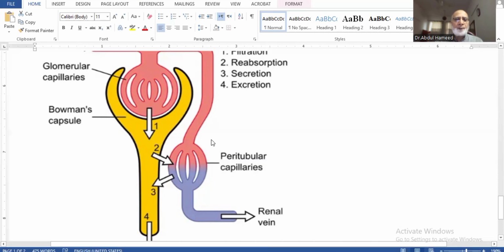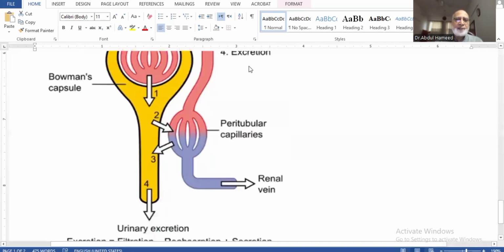Number three is secretion: waste material from the blood, like toxic materials and other waste materials, will move from the peritubular capillaries into the lumen of the nephron tubule. The last function of the nephron is excretion.